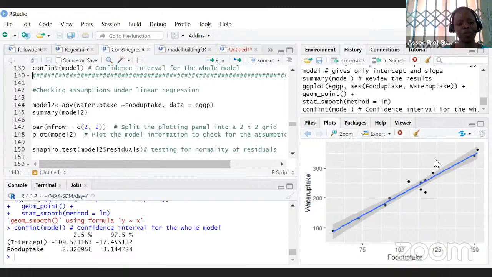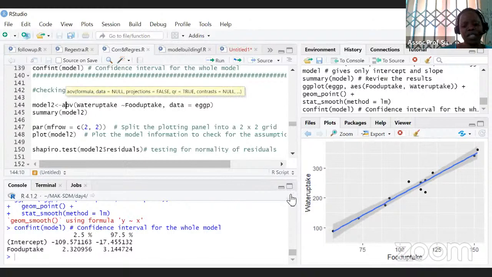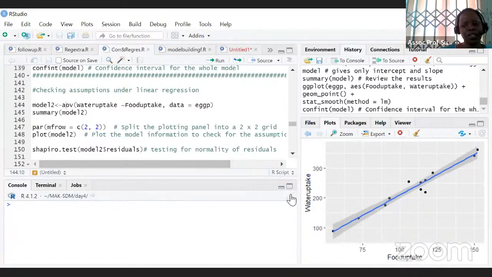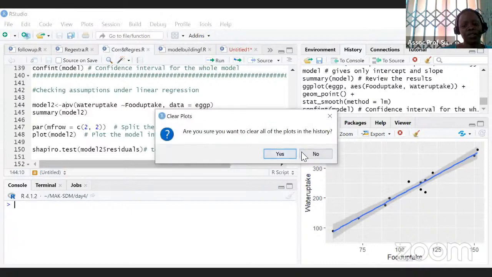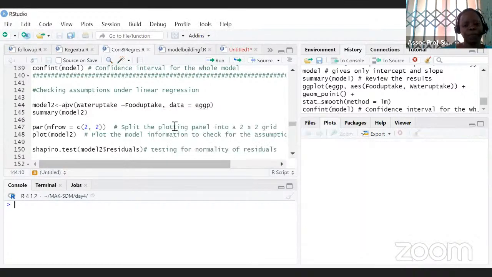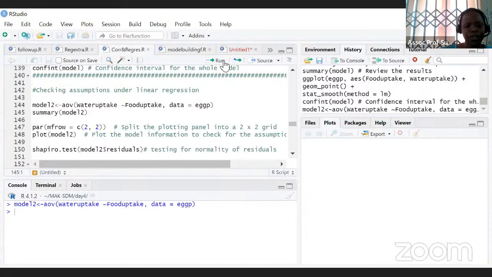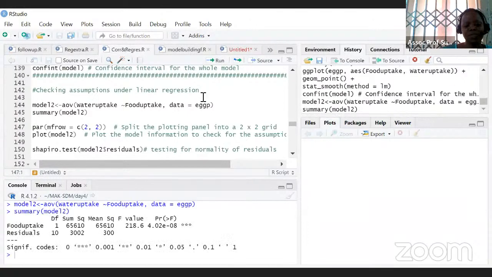So for us to be able to do that, we run our model. I've put AOV, but it's also running a regression. So I'll just clear the console and also clear our graph section. Okay. So now when you run model 2, line 144, and you run the summary, it gives you the same output we had before.